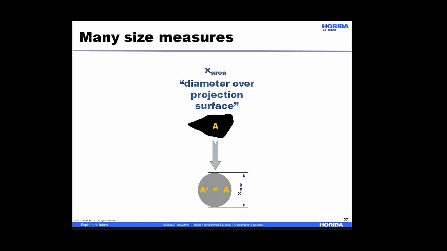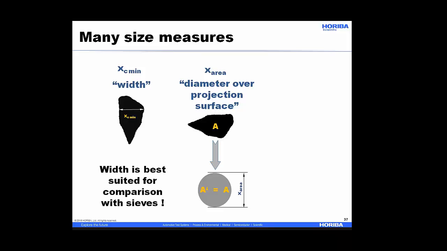One is to look at the area, called X area, which is the diameter of a disk with the same area as your particle image. So that would correspond to treating it like a sphere. You look at XC min, which is effectively the width of the particle, and this is best suited for comparison with sieves.